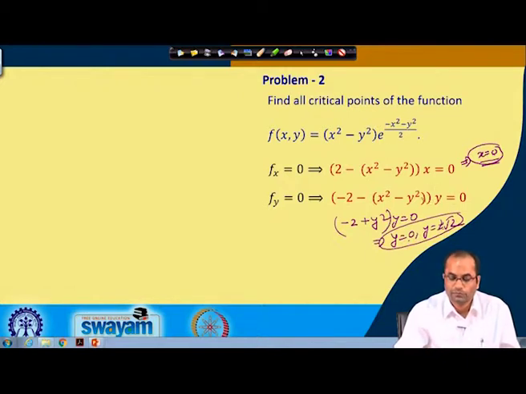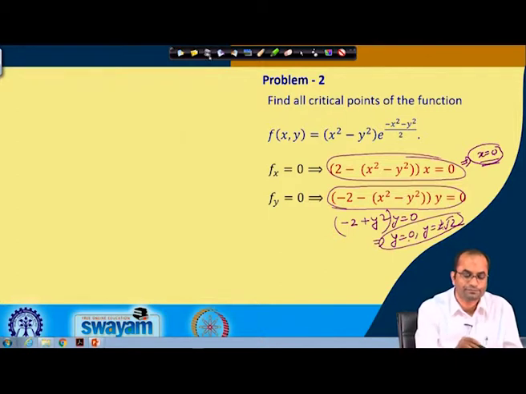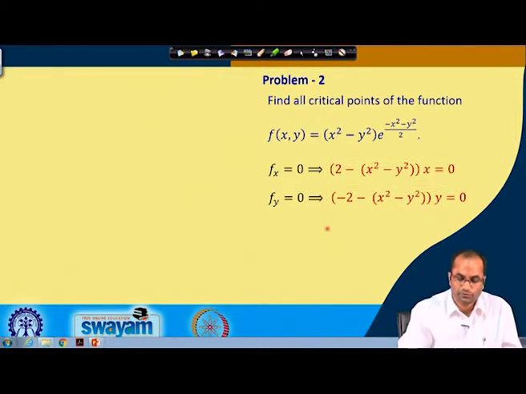Now, similarly we can set y = 0 first, because for y = 0 this will also be 0, and then setting y = 0, we will find the possible values of x. In this way we can find all the critical points by solving these equations. And what do we get?